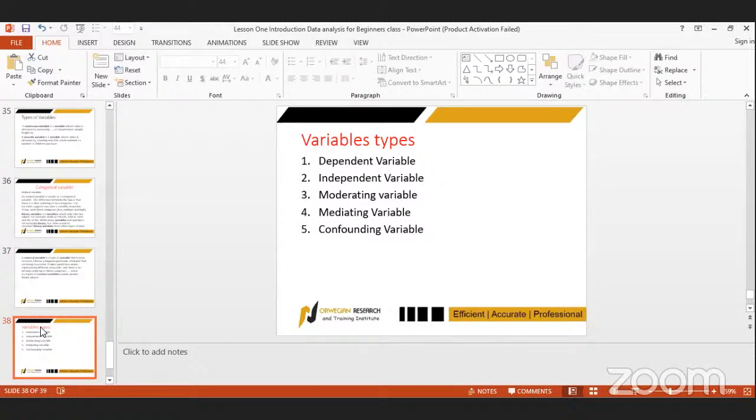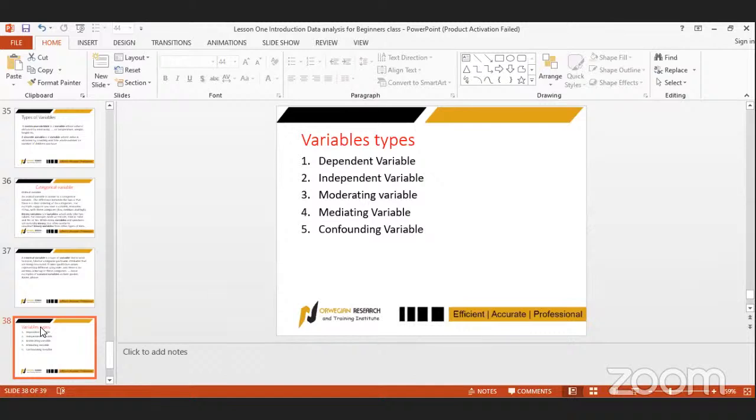In the reaction between X and Y, the moderator can either enhance the reaction, decrease it, or have no effect on the relationship between X and Y, where X is the independent variable and Y is the dependent variable.